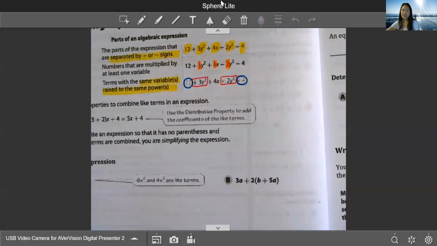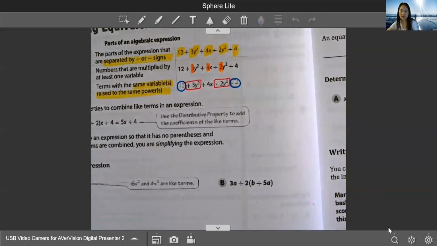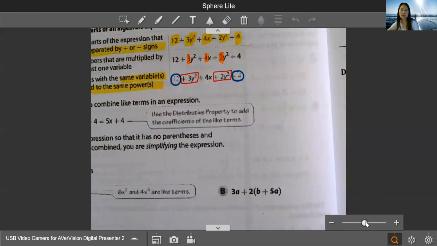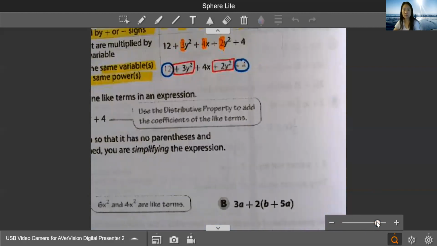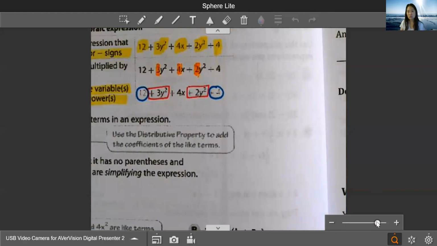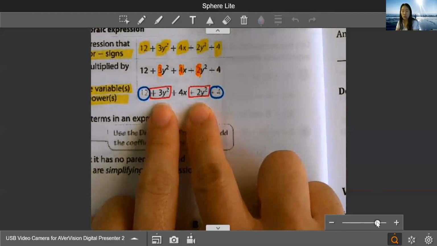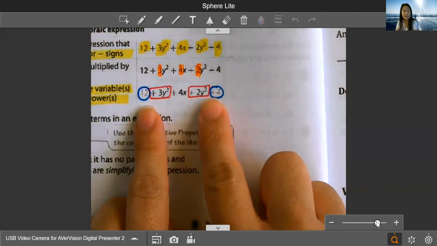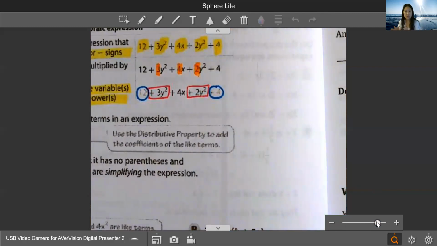Now, what's the point of doing this? Well, basically, we are going to simplify or solve as much as you can. So what you're going to do is combine, add, or subtract anything that you can to condense this expression as much as you can.